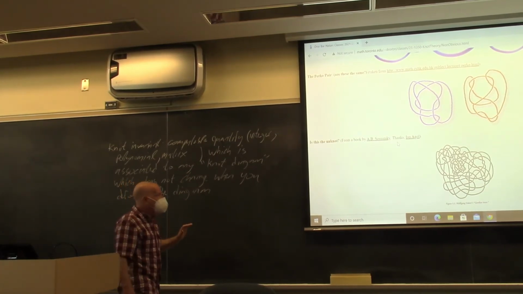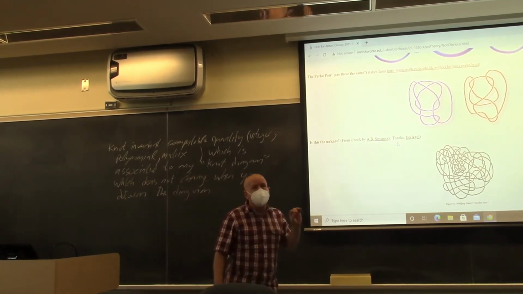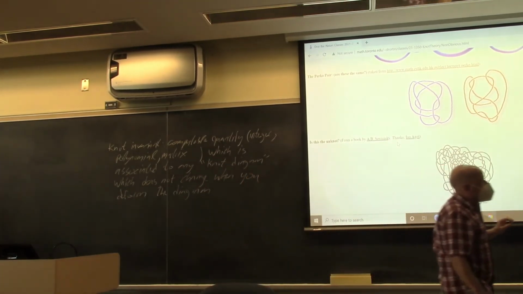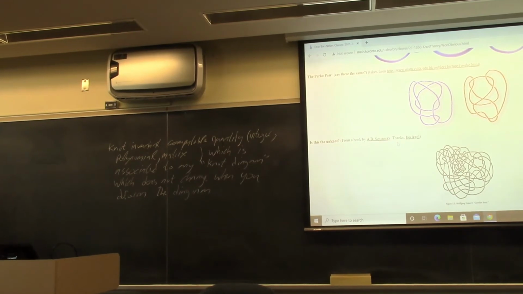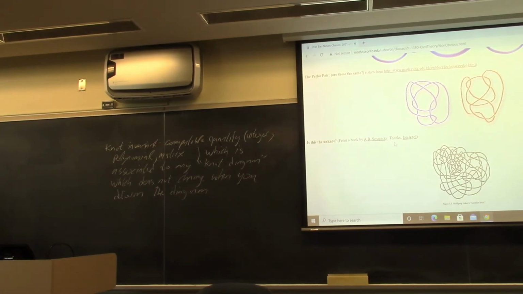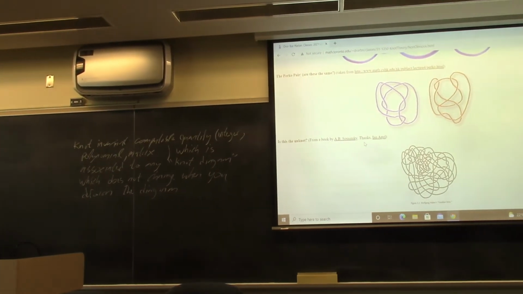Okay? So what good is a knot invariant? Suppose you had a knot invariant. Why don't we use one that actually exists? There is a knot invariant called V2.